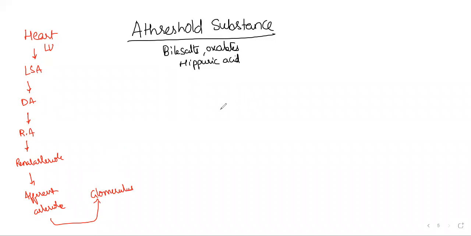So the story we have to see here. This is the Bowman's capsule. Then the blood vessel came here, afferent arteriole, glomerulus. Then dumping is going to happen here. Dumping. Which one is dumped now? The so-called bile salts, oxalate, hippuric acid are dumped over.